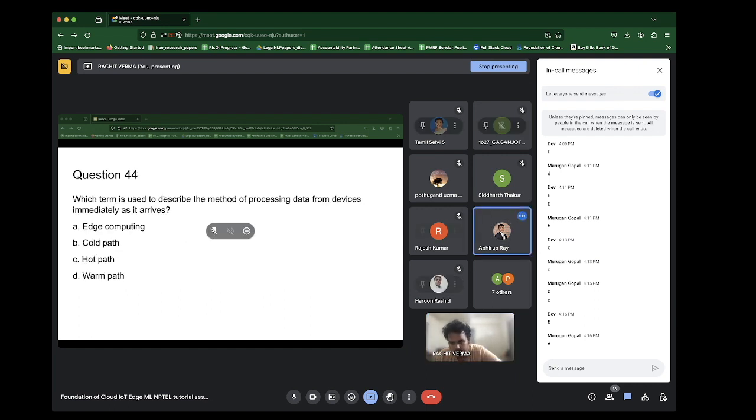Which term is used to describe the method of processing data from devices immediately as it arrives? Edge computing, cold path, hot path, or warm path?